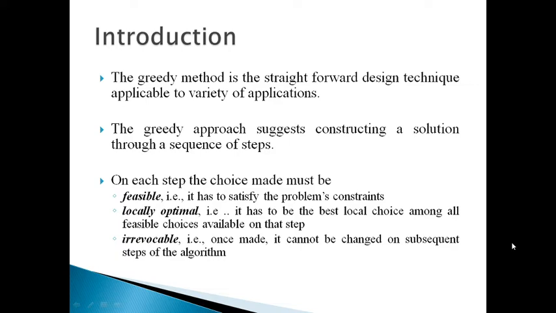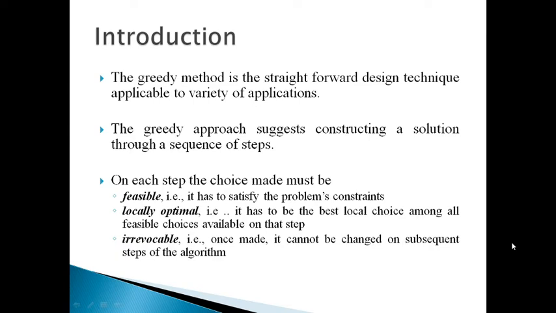So the greedy approach suggests constructing a solution through a sequence of steps. It's like a step by step procedure to solve a problem. On each step, the choice made must be feasible, like it has to satisfy the problem's constraint, as I have explained, that it needs to reach Bangalore within 10 hours. So that constraint should be satisfied.